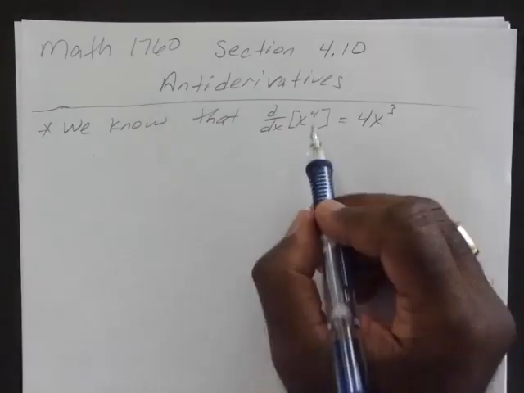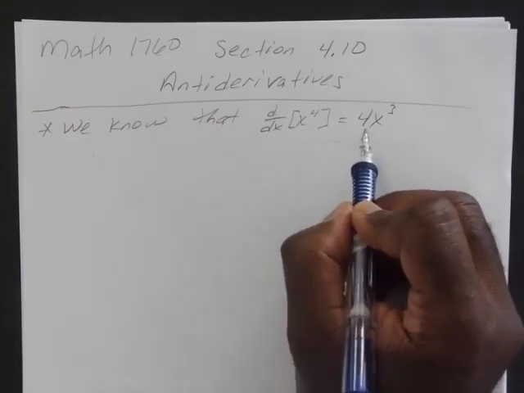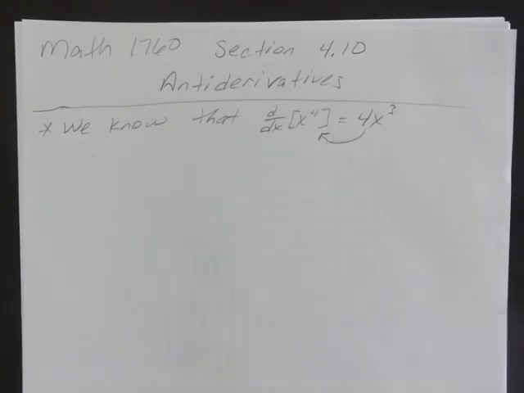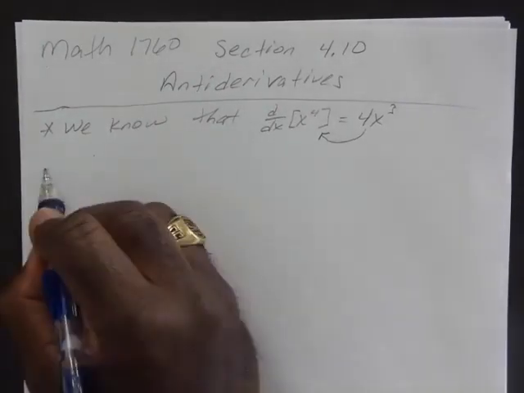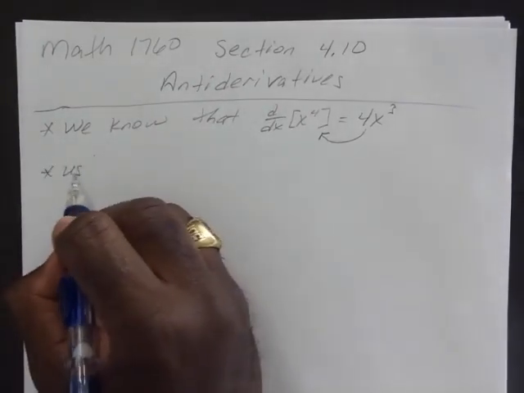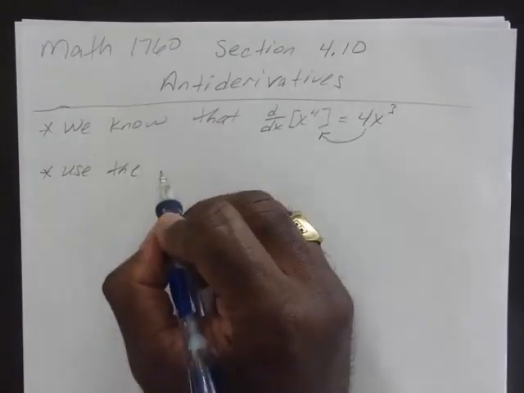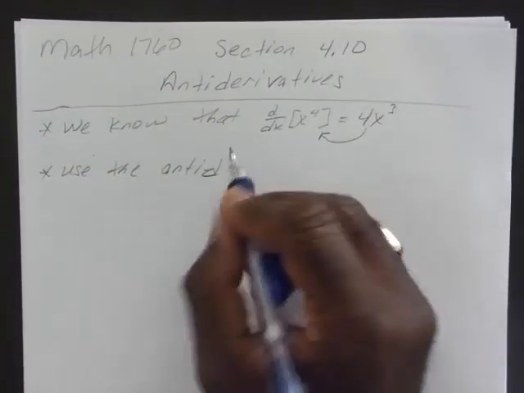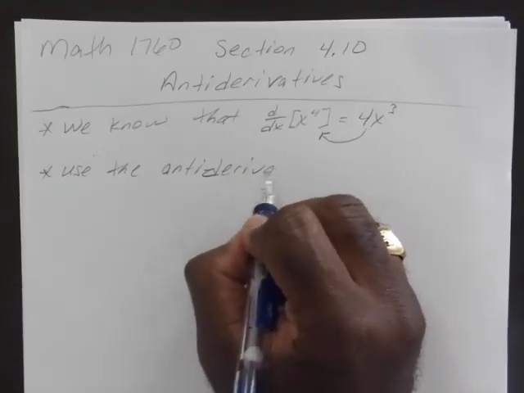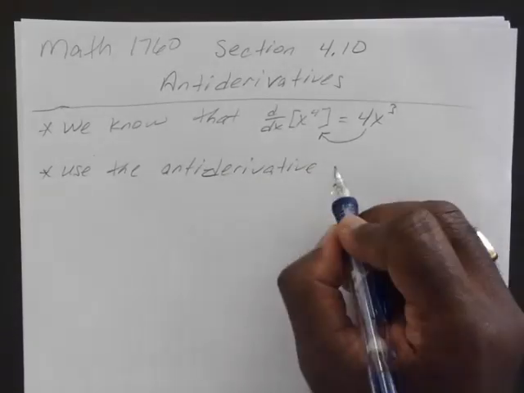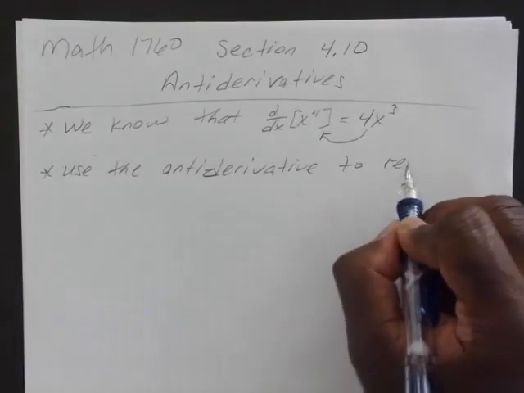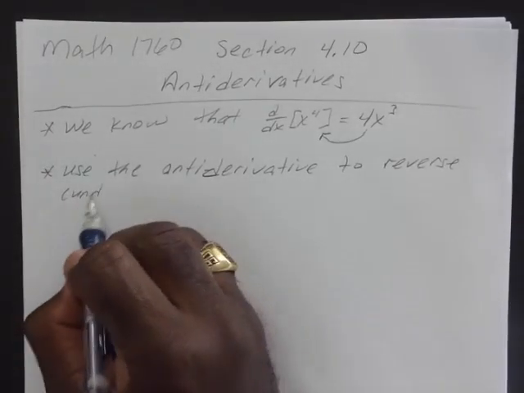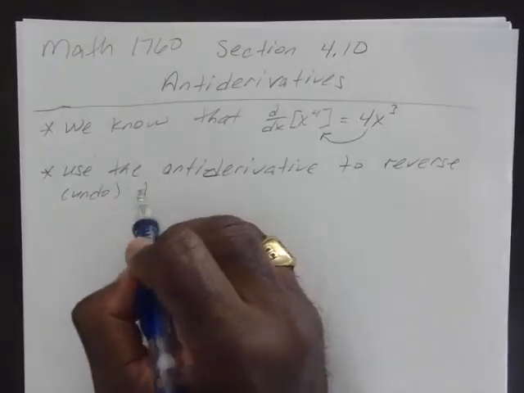So with antiderivatives, we don't go from the function to its derivative, we go from the derivative to our original function. So we use the antiderivative to reverse, or you can say undo, the derivative.